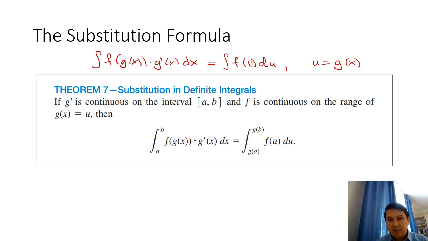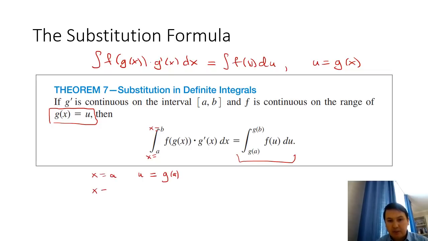So the only change is you have to basically consider appropriate limits. On the right hand side you have an integral of u, so you cannot simply use the a and b here, right? You have to do something. What are these a, b? Well, a and b are the bounds for my x. Because g of x is equal to u, when x is equal to a, your u becomes g of a.